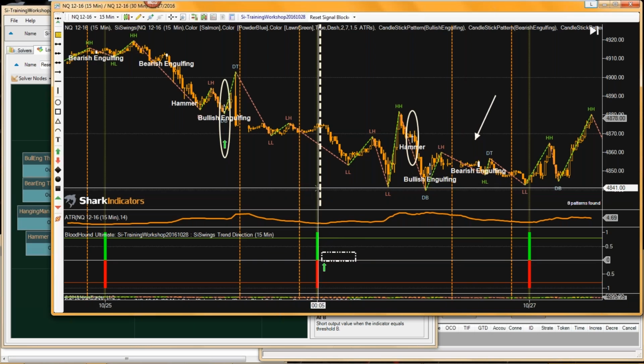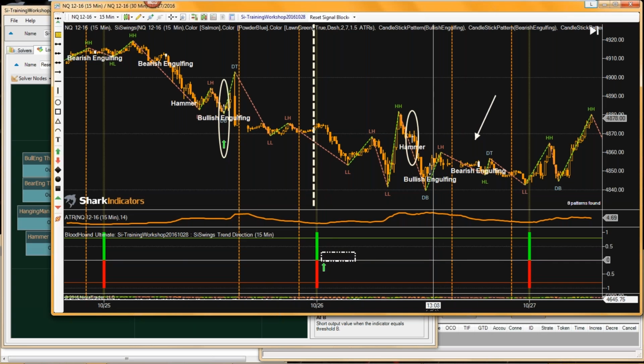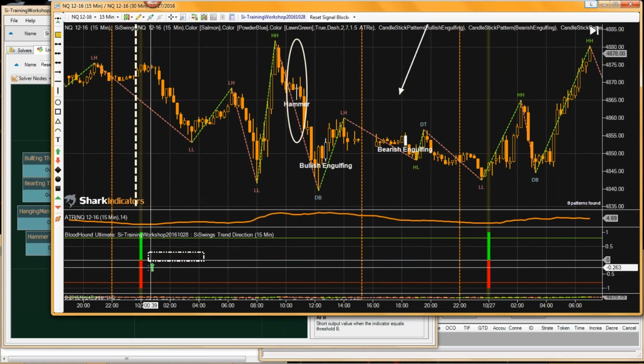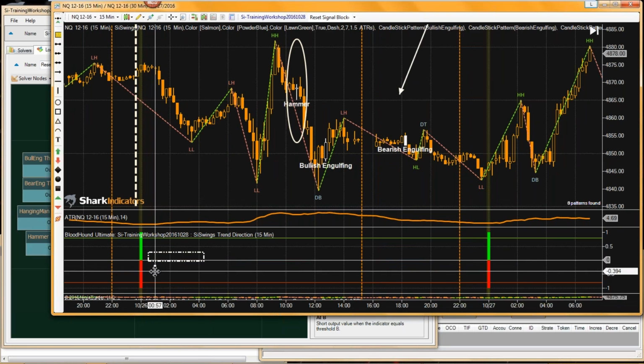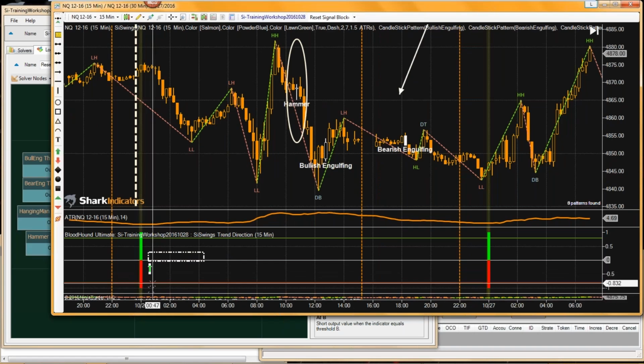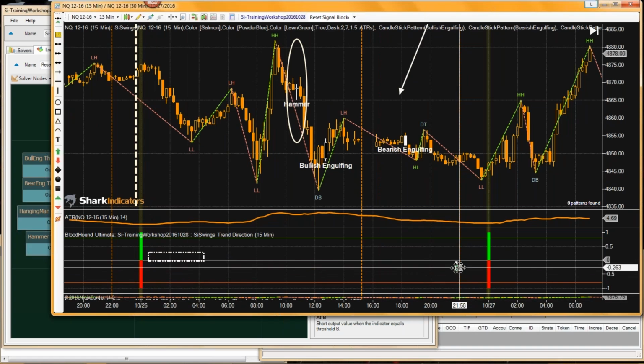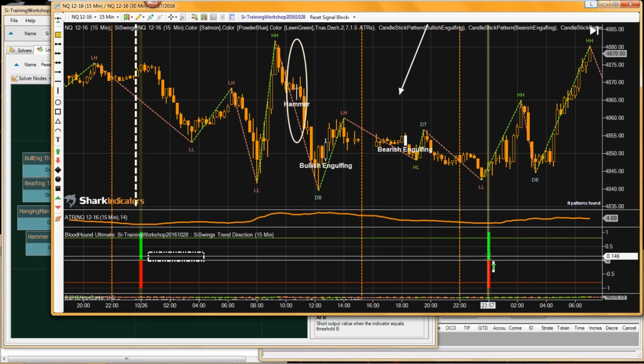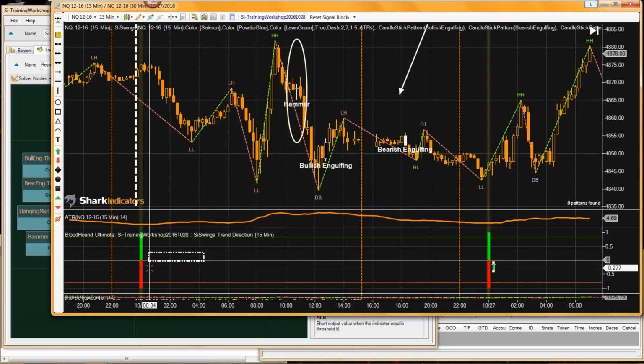So actually I could have put my line slightly on the wrong spot, right about there. So if we look at these signals, here we go. That's the first bar of the day. We can see it's the 26th, and then over here we're at the 27th, and on the first bar of the day we're getting a signal out of it.